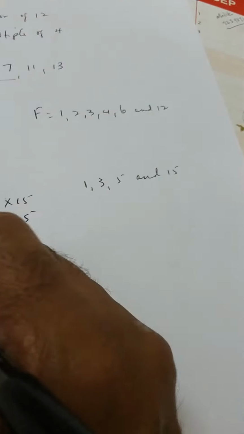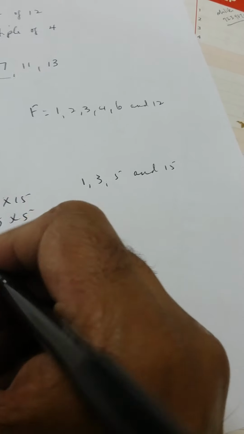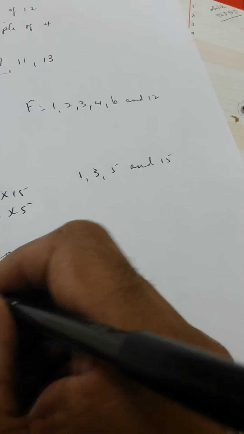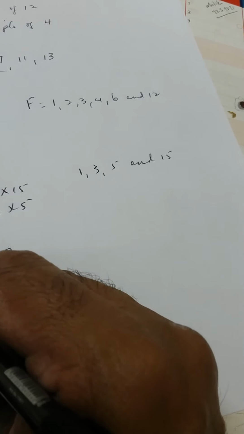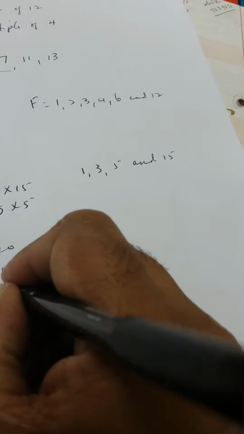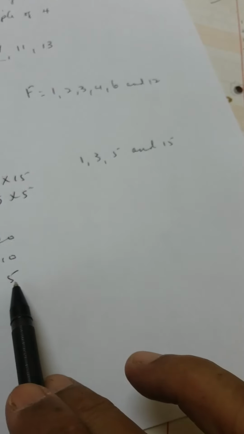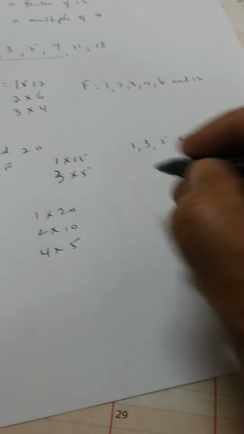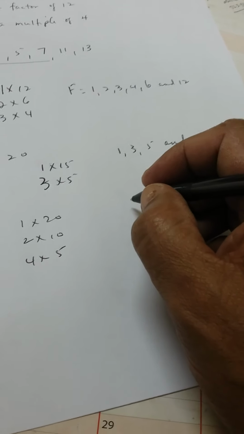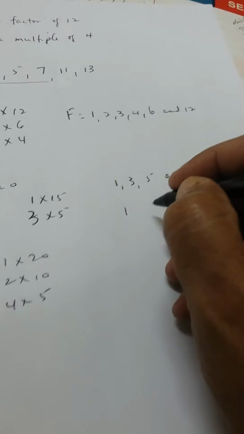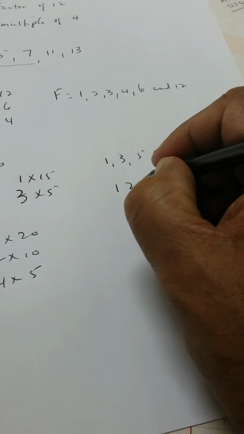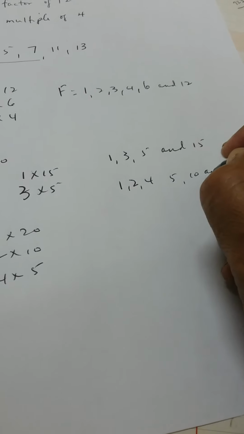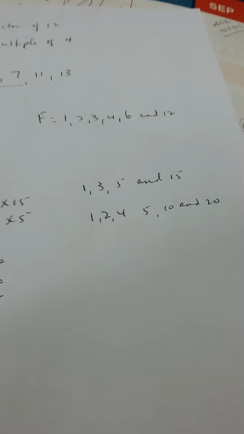And the factors of 20 will be 1 times 20, 2 times 10, not 3, because 3 cannot go into 20 exactly, but 4 times 5. We already have 5, so we stop right there. So we say the factors of 20 will be 1, 2, 4, 5, 10, and 20.